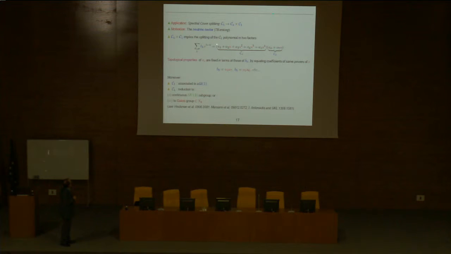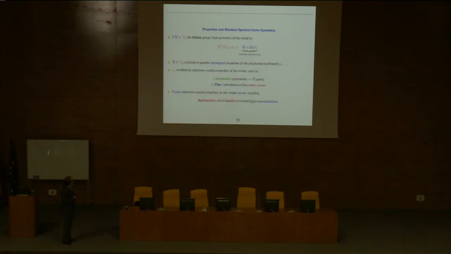This means that the defining equation of the spectral cover splits into two polynomials. This is the fourth order polynomial, and this is a monomial. So C1 is associated to a U(1) symmetry, and for C4 under monodromies, the symmetry is some Galois group of S4 or some U(1) symmetries or whatever.